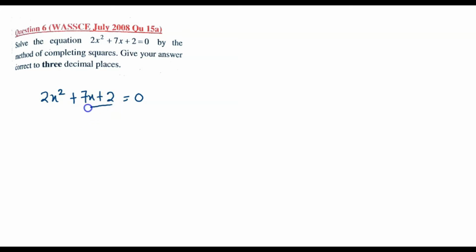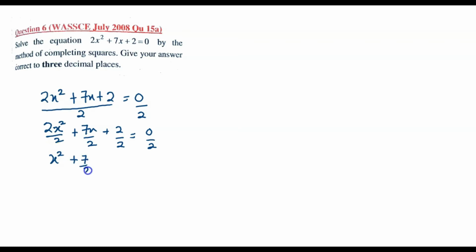So dividing through by 2 for both sides, we obtain 2x squared over 2 plus 7x over 2 plus 2 on 2 equal to 0 on 2. When we simplify, we end up getting x squared plus 7 on 2x plus 1 equal to 0.